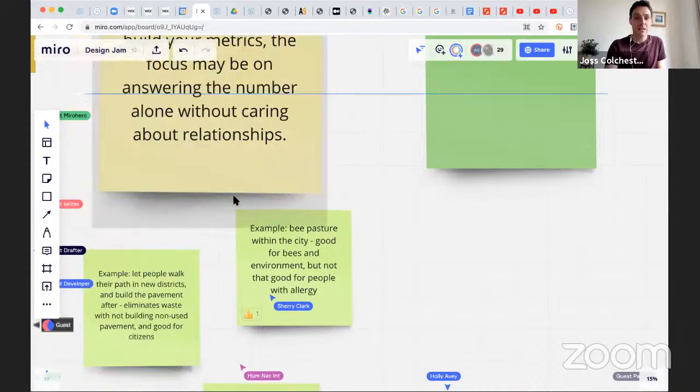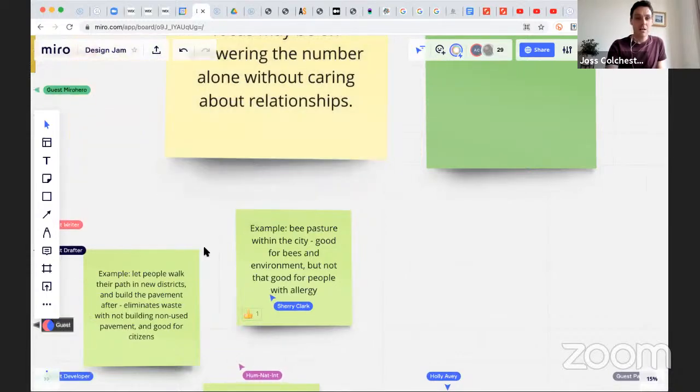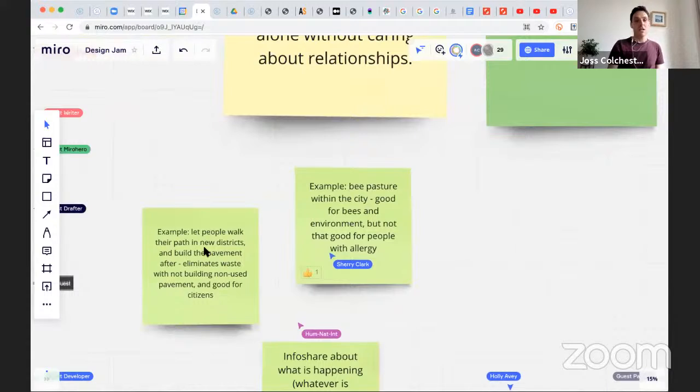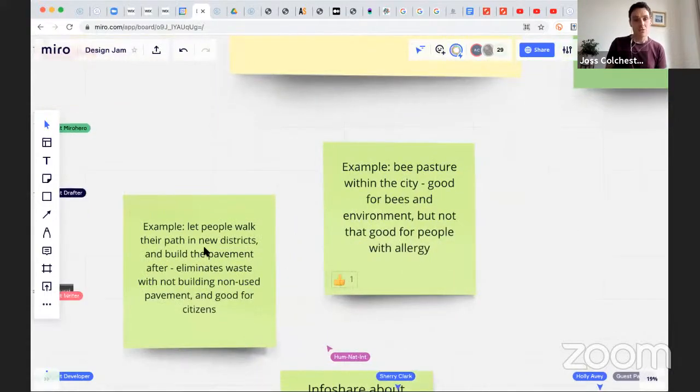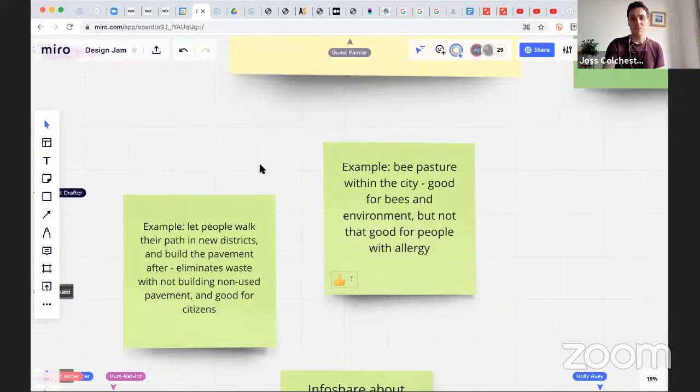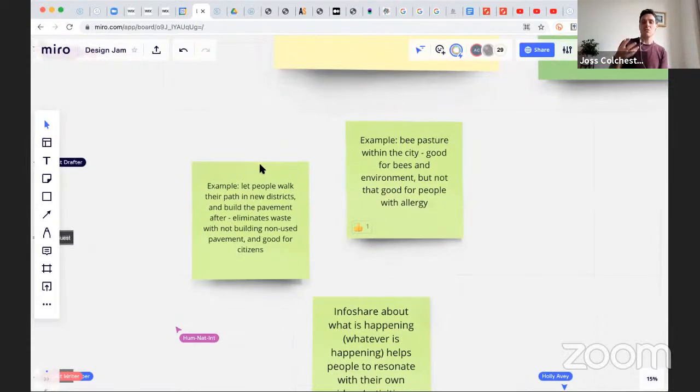Example: let people walk their path in new districts and build the pavement after. Eliminate waste with no building of non-used pavement, and good for citizens, yeah. You think about cars too in our environment, they have a huge negative synergy with human beings.